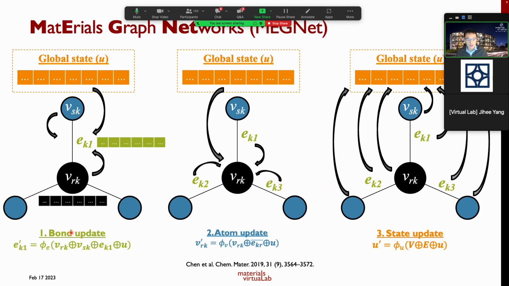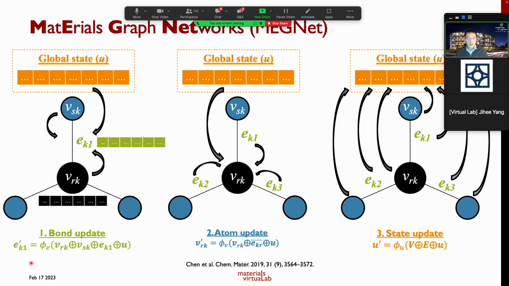In the first step, you update every single bond with information from the atoms that form the bond as well as the global state. In the next step, you update every single atom with all the bonds connected to the atom and the global state. Finally, in the third step, you update the global state with all the information from all the atoms and the bonds.